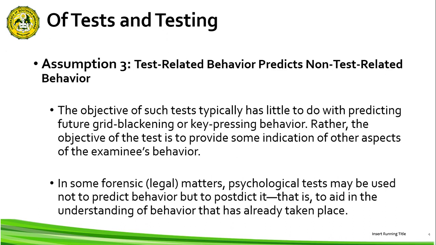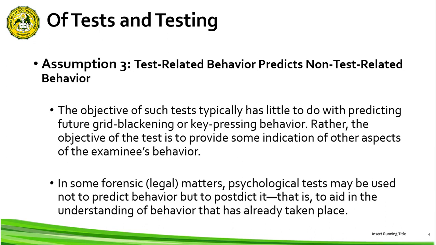Assumption 3. Test-related behavior predicts non-test-related behavior. The objective of such tests typically has little to do with predicting future grid blocking or key pressing behavior. Rather, the objective of this test is to provide some indication of other aspects of the examinee's behavior.